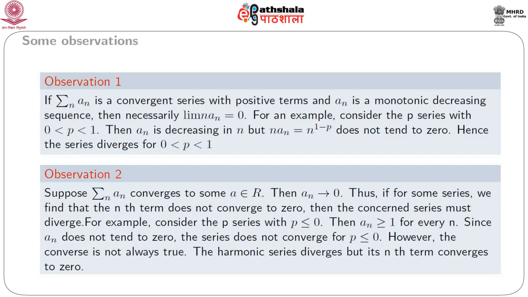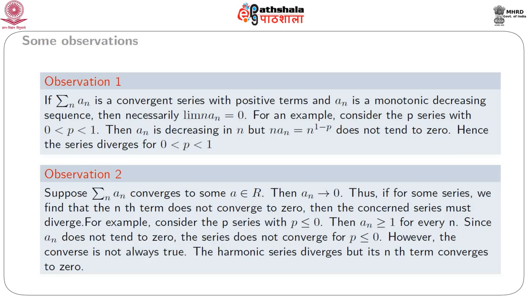Then an, that is 1 by n to the power p, is decreasing in n, but n times an is n to the power 1 minus p, which does not tend to 0. Hence, the series diverges for 0 less than p less than 1. That is, the above fact gives an alternative way to check whether a series is convergent or not.